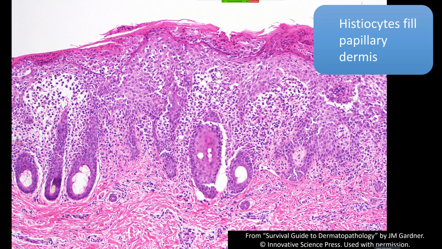But because of that, whatever marker it is, whatever surface molecule these cells have that allow them to cross the basement membrane and get into the epidermis, they have that in normal Langerhans cells. So of course, in Langerhans histiocytosis, the proliferative form of Langerhans cells, they also have the ability to get into the epidermis, and they often do. So you don't want to confuse this with the pagetoid spread of melanoma. You don't want to confuse this with epidermotropism in mycosis fungoides.